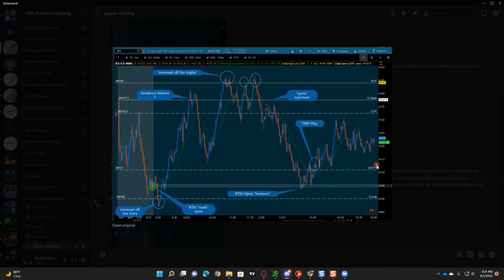This was the previous day, not yesterday, but the day before. It was the high of that day, right? So that was also the Globex low. It was two different pivot points wrapped together. So we had a really nice range to trade in today, and there were plenty of opportunities to trade in there.